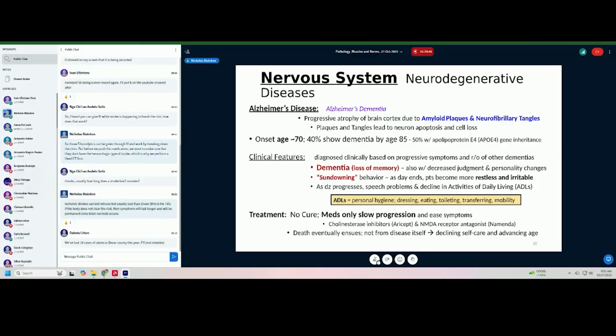This is typically going to occur around age 70, and this may initially show up as just being a little forgetful, like you forget where you placed your keys or why you walked into a room. But as those neurons start to die and you start to lose more of them, then this is going to show up as worsening memory loss. So that's what dementia is. It's just a loss of memory.